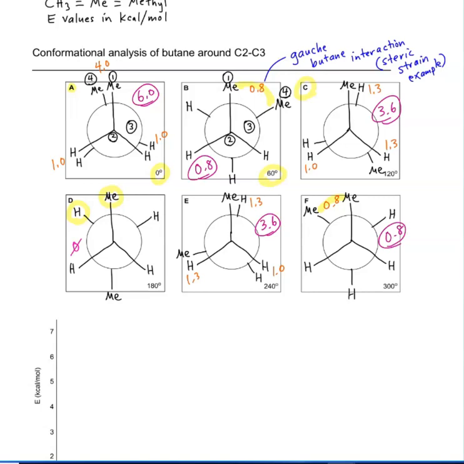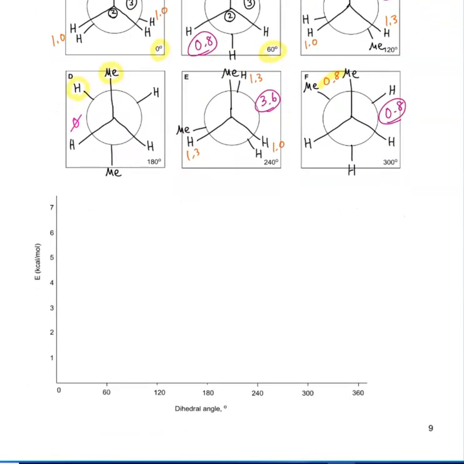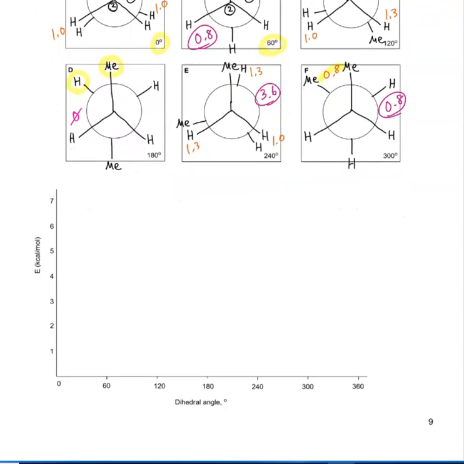So now let's plot all of these conformations on an energy diagram. So conformation A has an energy of 6 kilocalories per mole. Conformation B is 0.8. C is 3.6. D is 0. Notice that D is the conformation where the methyl groups are anti to one another.